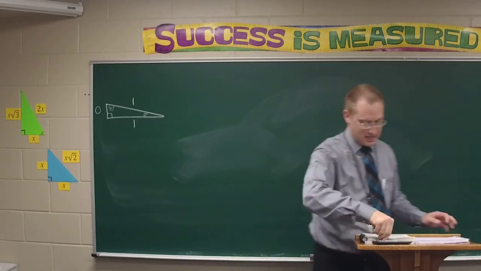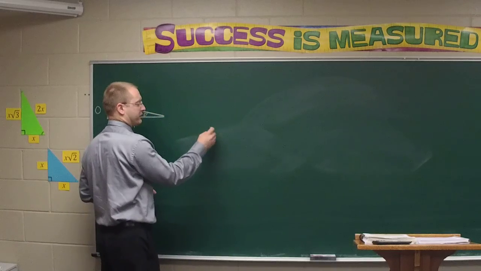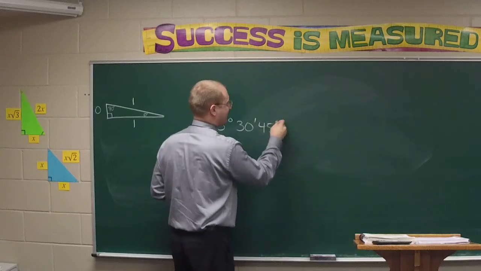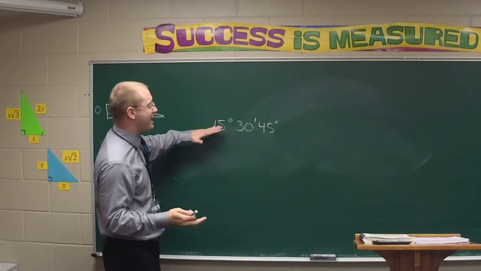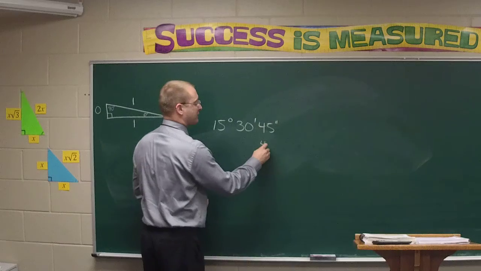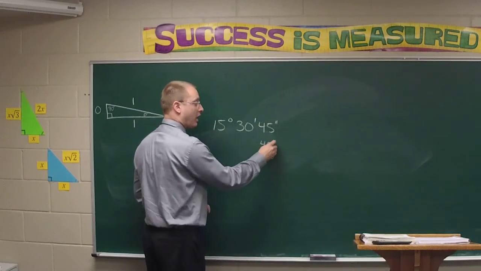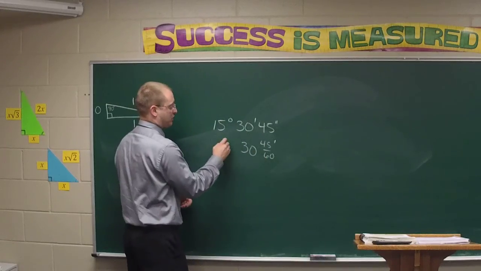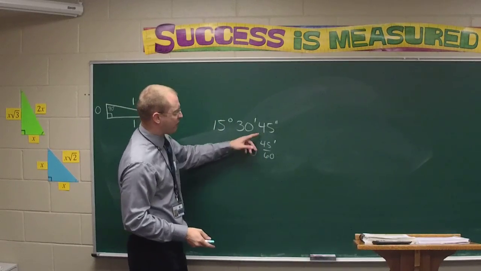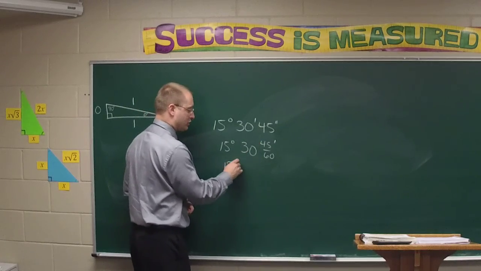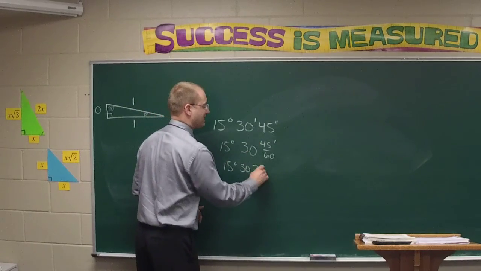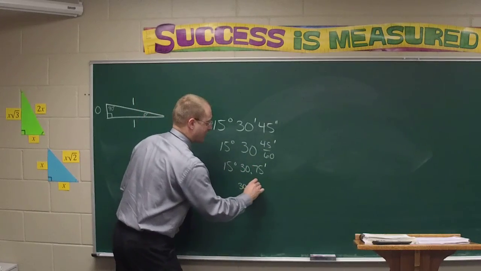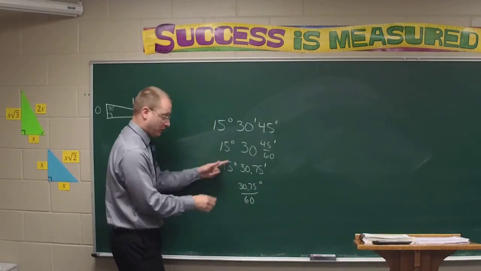You remember in geometry class, if we had a 15-degree, 30-minute, 45-second angle and we wanted to make this decimal degrees, we would take the 45 and say that's 45 60ths of a minute, plus the 30 minutes gives me 30 and 45 60ths minutes, and we still have the 15 degrees. 45 60ths is 0.75, so this is really 15 degrees, 30.75 minutes, which is 30.75 60ths of a degree, along with these 15 degrees.